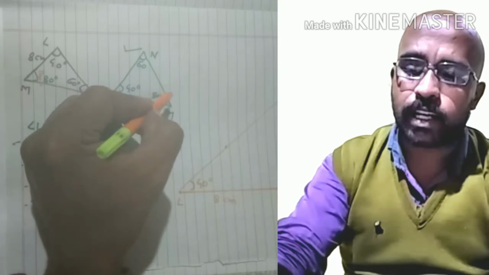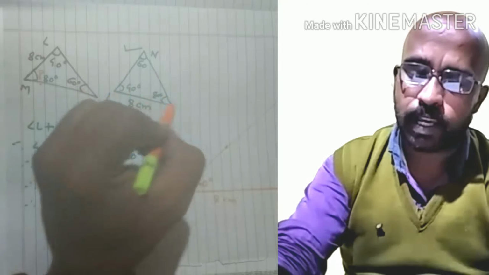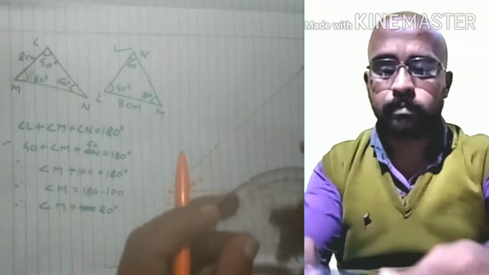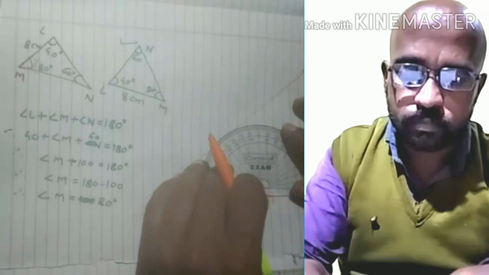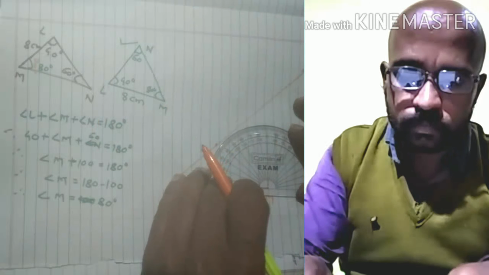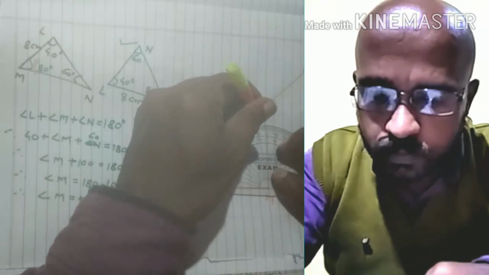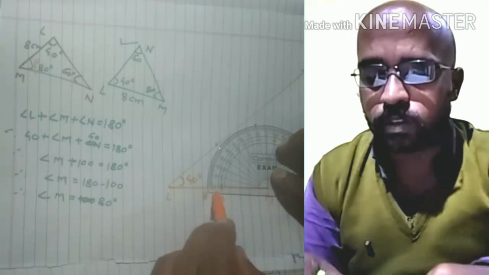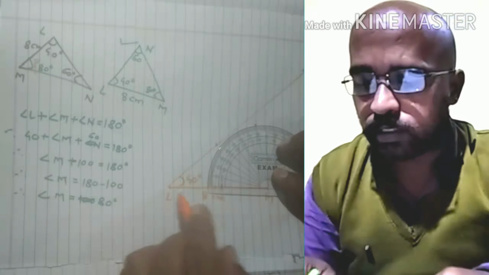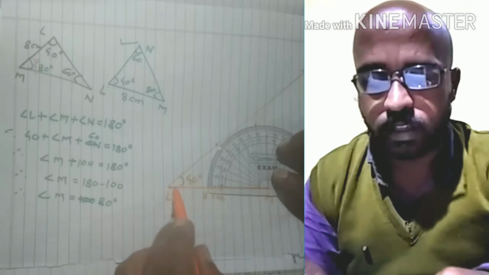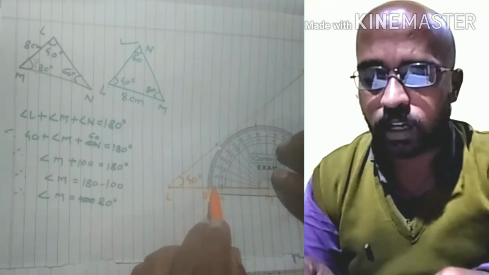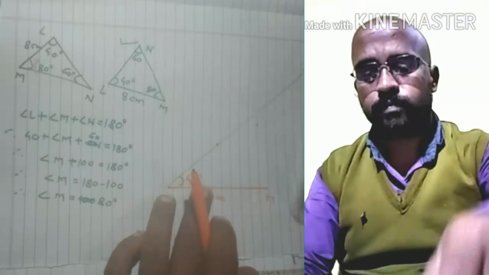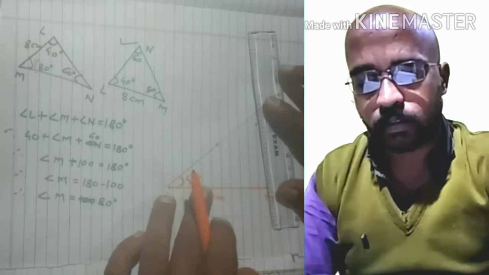N is making an angle of 80 degree with side LM. So let's draw an angle of 80 degree at point M. Now we have to look at the 0 on this side, because on this line segment we are drawing. So 0 is at the outer scale. On the outer scale 80 is here. So let's draw one angle of 80 degree here.